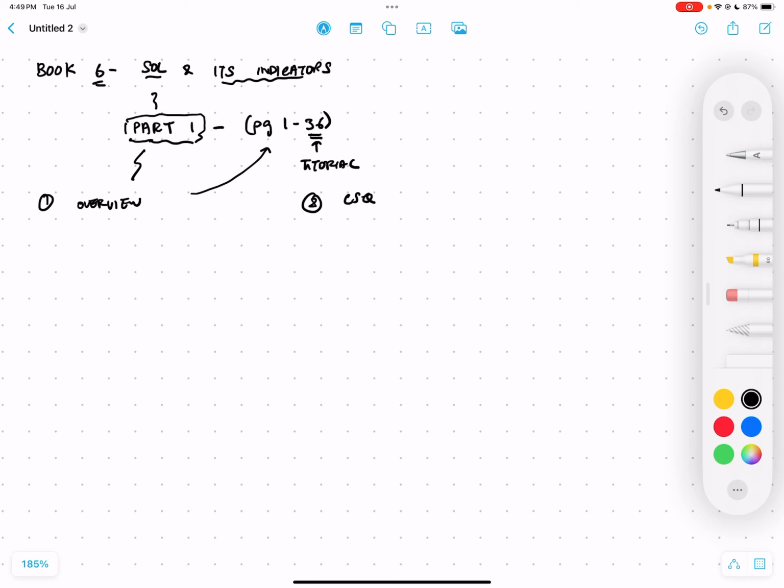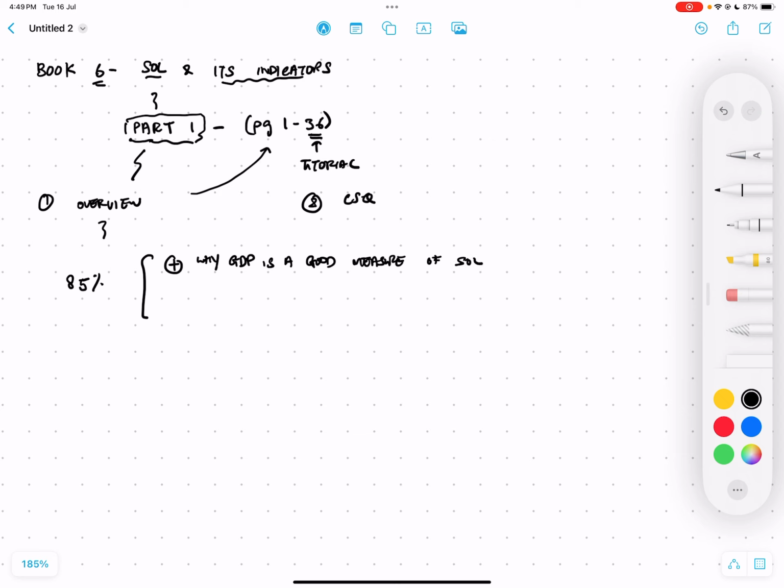So this topic is called SOL and its indicators, and largely speaking, this is broken into two parts. The large majority of the book, about 85% of part 1, centers on two things. One, why GDP is a good measure of something called standard of living.